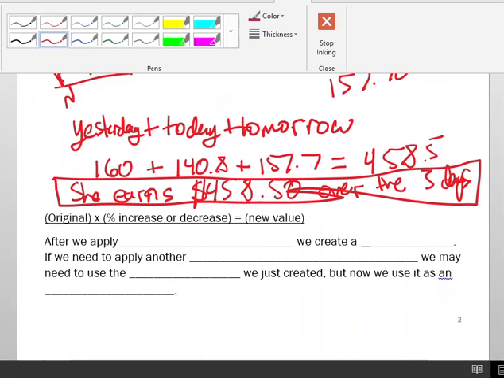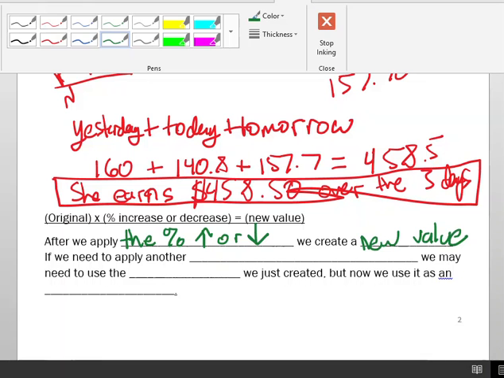So what's sort of our key takeaway here? After we apply the percent increase or decrease, we create a new value. Okay, so for example, when I paid my tax on my lunch, I created a new value.